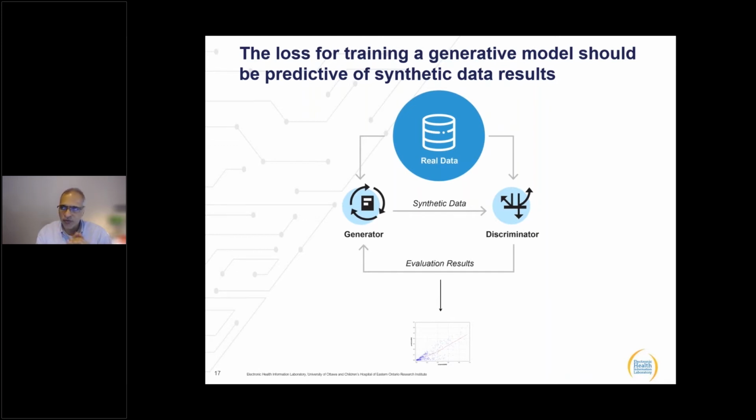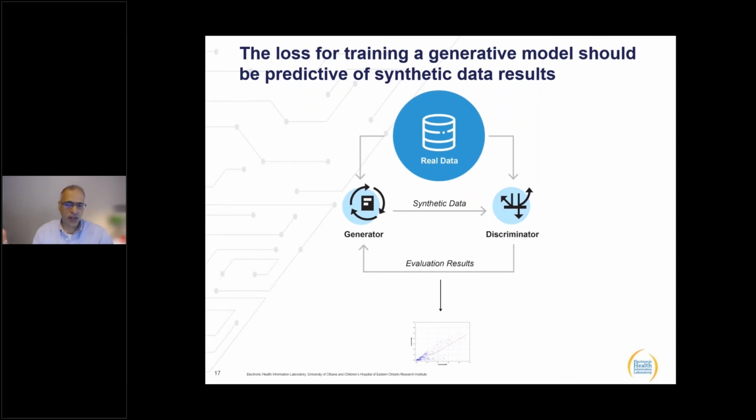The problem is that, well, in theory, the evaluation results of this discriminator should be predictive of how good your synthetic data is. So if your objective is replication, then the discriminator scores should be predictive of how well your synthetic data analysis replicates real data analysis, right?